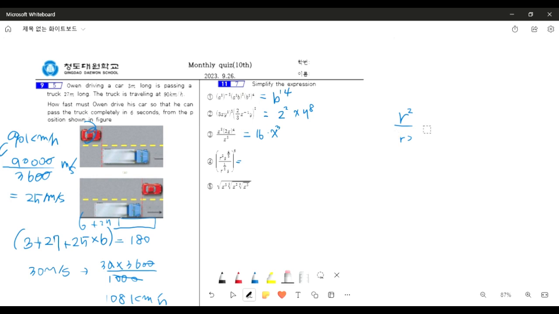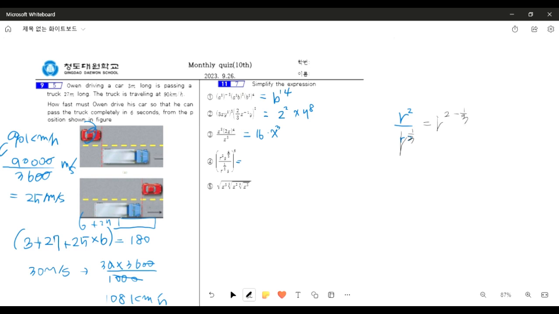R cube means r squared cube minus 1/3. It doesn't work.